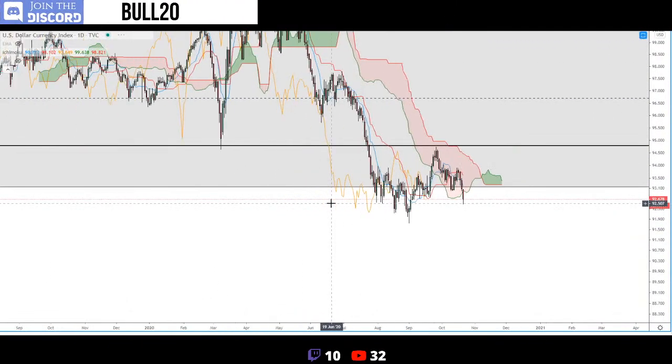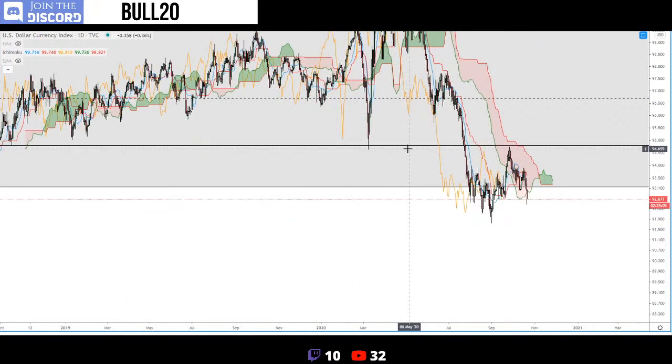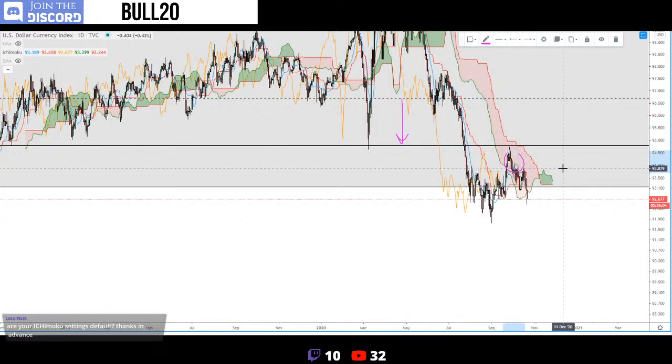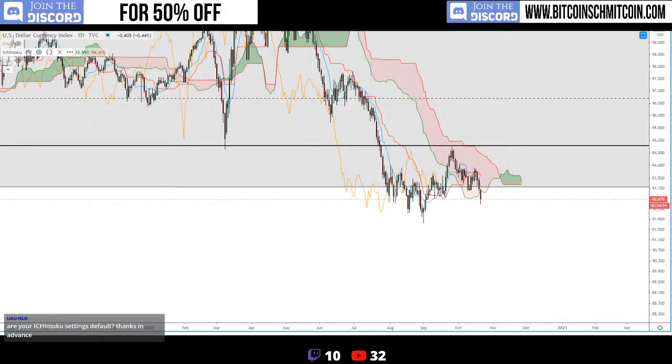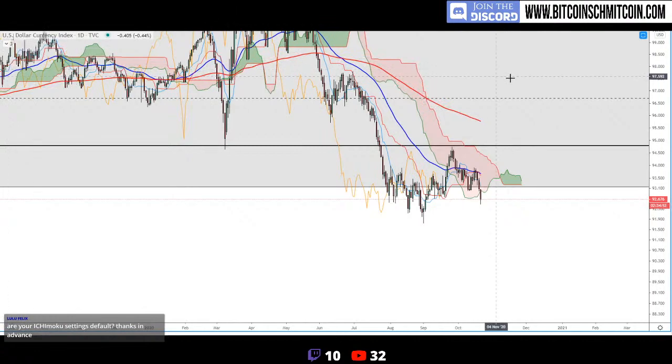Just like a rejection of a horizontal resistance, a rejection of the cloud can be treated the same way. So it's a system that, when used properly, provides both support and resistance and trend metrics. The way that I use it a little differently is I also slap the 50 and the 200 EMA on top of it for added bias with my trend.